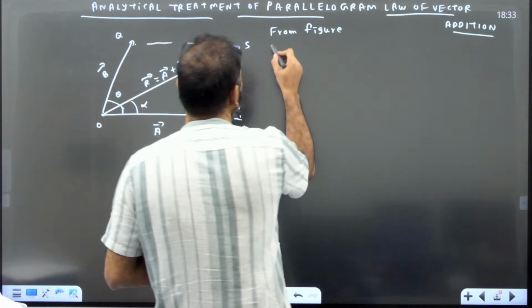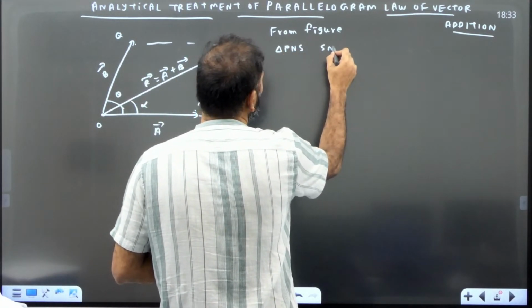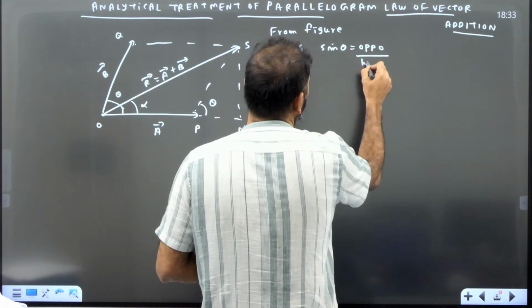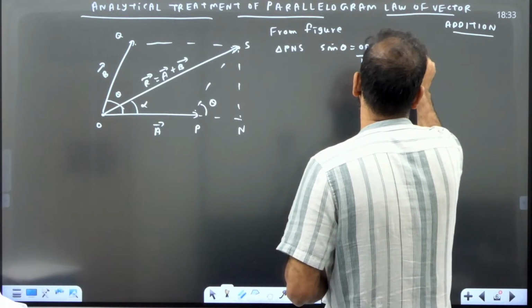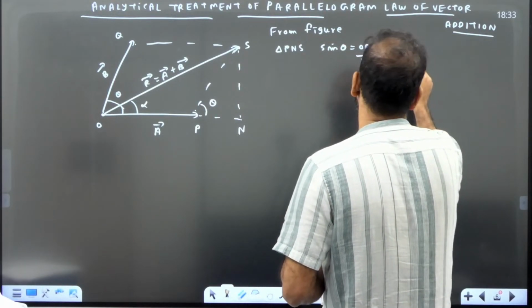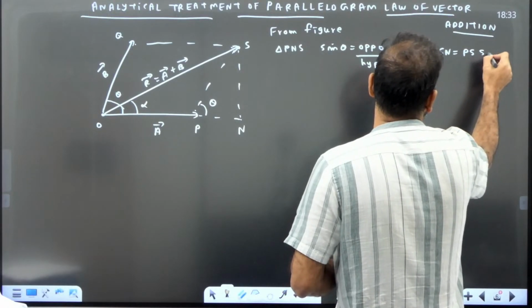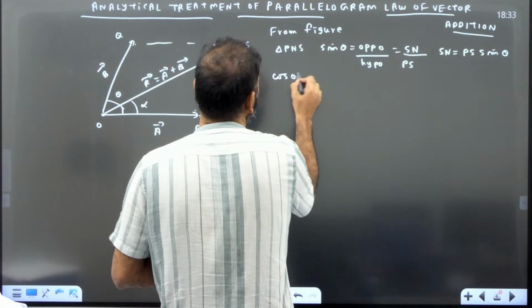So from figure, triangle PNS, what is sine theta? Opposite by hypotenuse. What is opposite? SN. What is hypotenuse? PS. So SN is equal to what? PS sine theta.